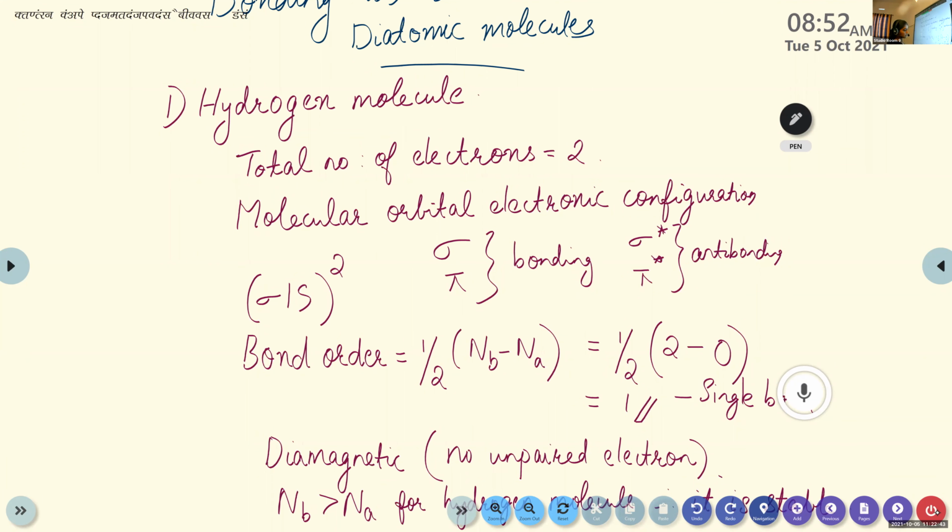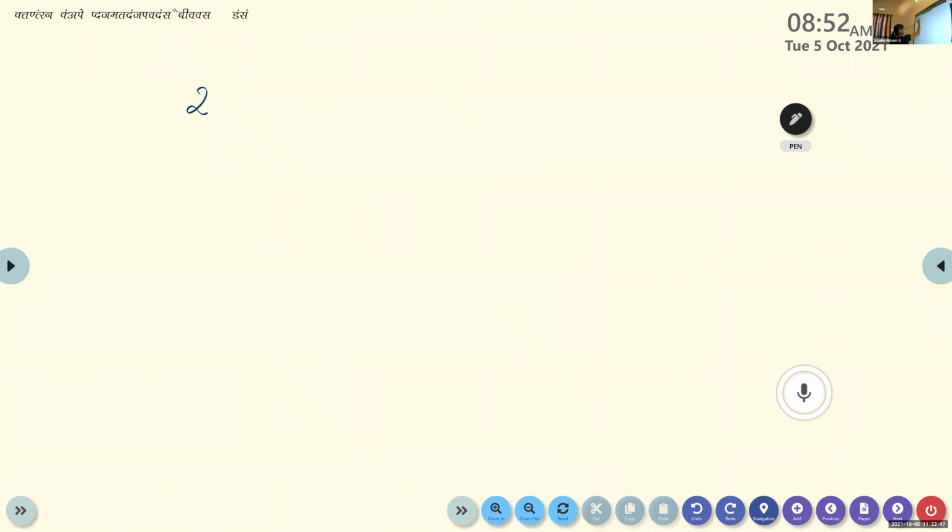So next we can do the helium molecule. The second example is the helium molecule. What about the total number of electrons in the helium molecule?